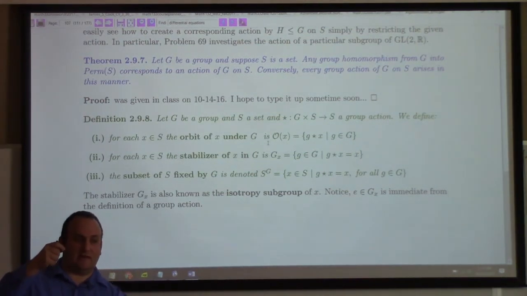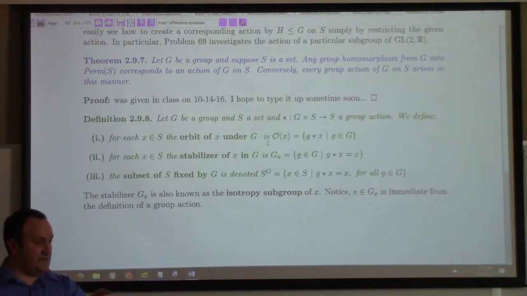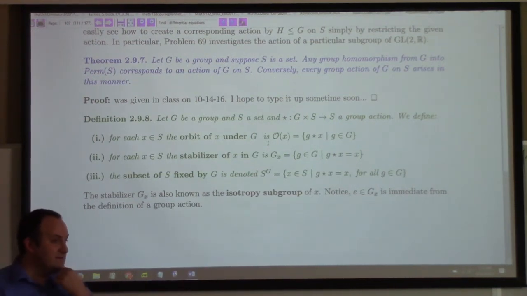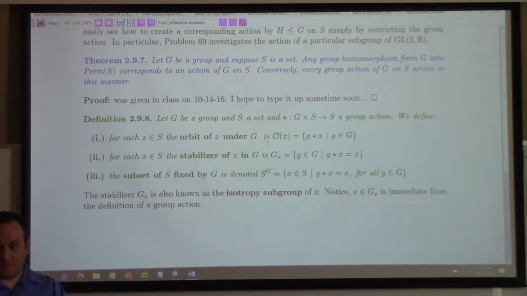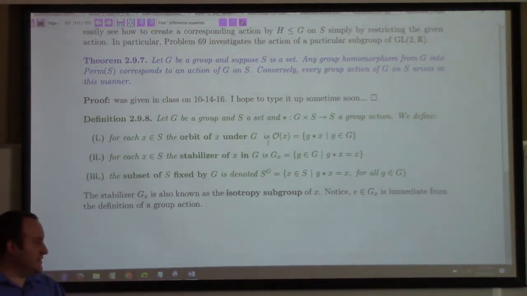It's just the identity. Unless the point is what? The origin. If it's the origin, then everything fixes it. So there's a big difference between points in the plane which are not the origin. Those have stabilizers which are just the identity, the trivial group. And for the origin, the stabilizer under rotations in the plane is everything.